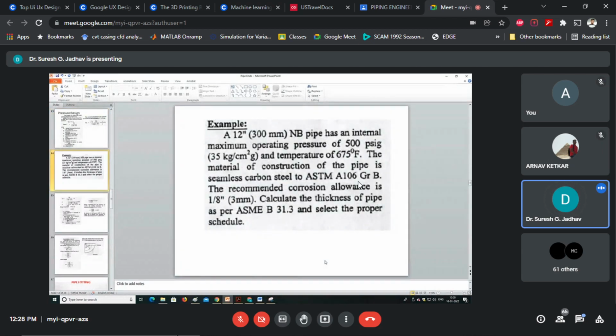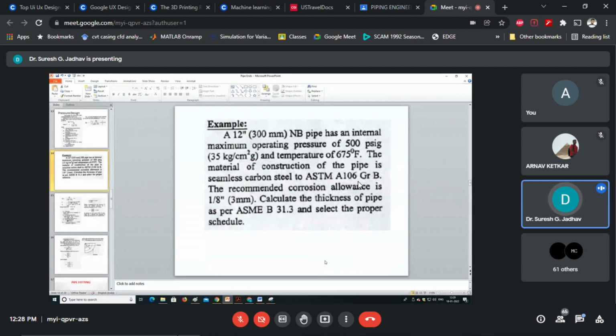Now here, see the numerical examples. A 12-inch nominal bore pipe has an internal maximum operating pressure of 500 psig, which can be converted to 35 kg per square centimeter, and temperature 675 Fahrenheit.